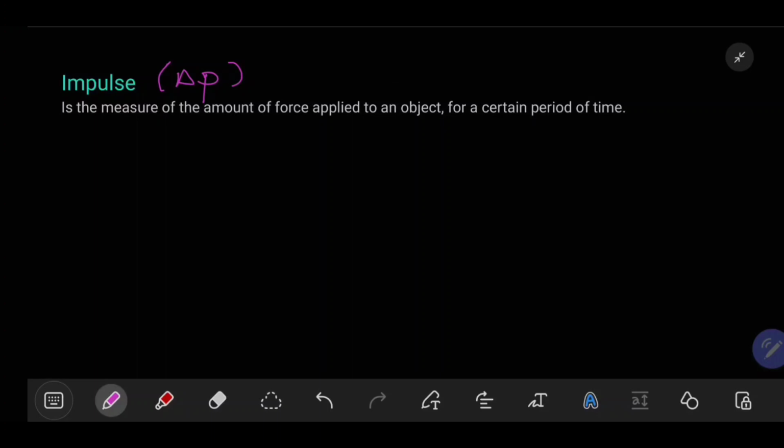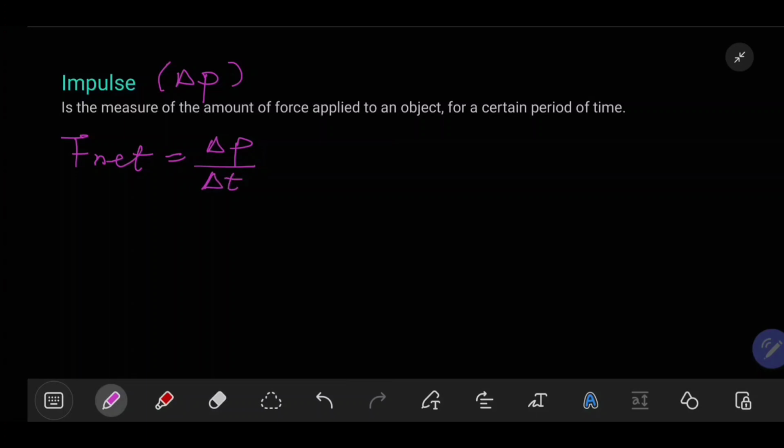Or we can choose to define impulse as the product of the force acting on an object and the time interval during which the force acts on that object. Now how do we find the formula for the impulse? From our previous lesson we learned Newton's second law of motion in terms of momentum.